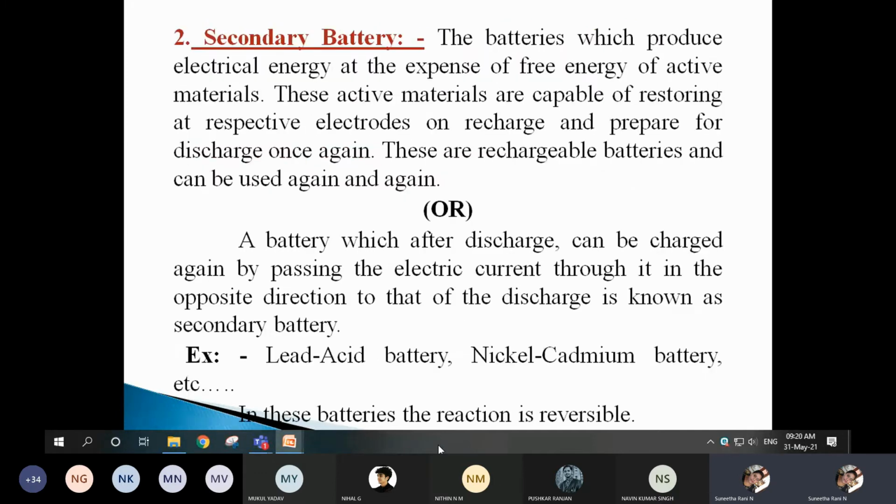Secondary batteries are rechargeable batteries, which can be recharged, and the cycle life is more. Once all the energy is discharged, we can recharge and use again and again. Examples: lead acid battery, nickel cadmium battery.